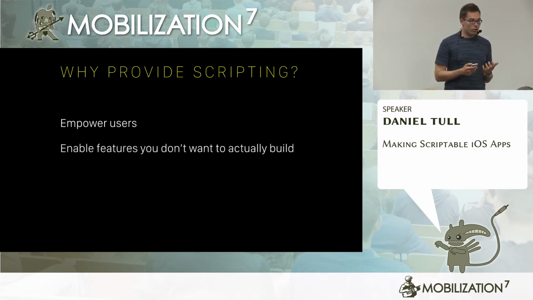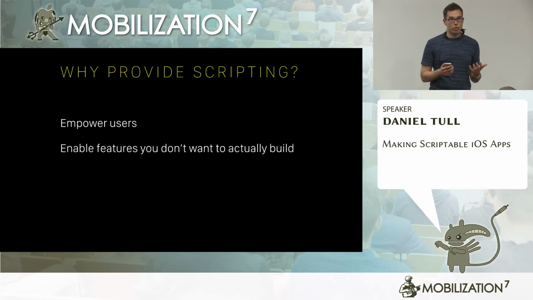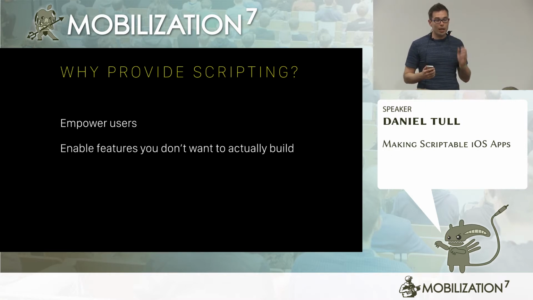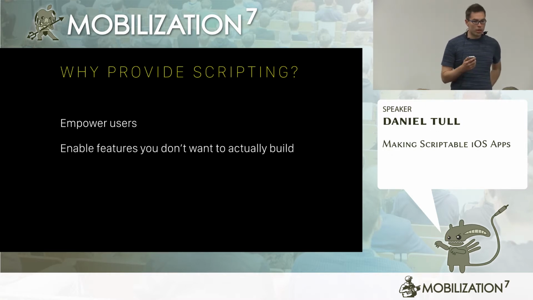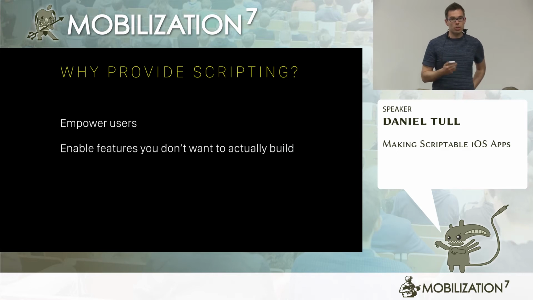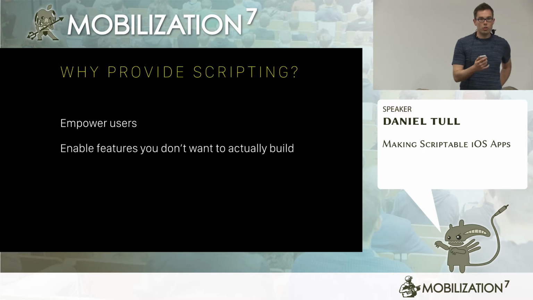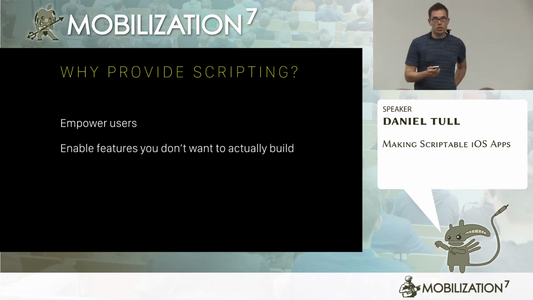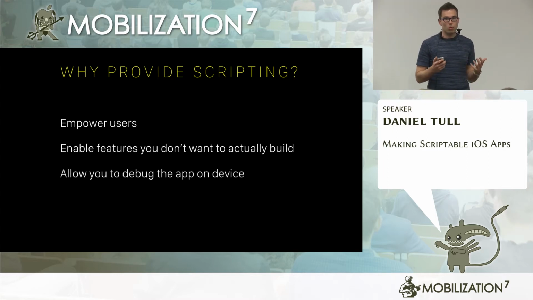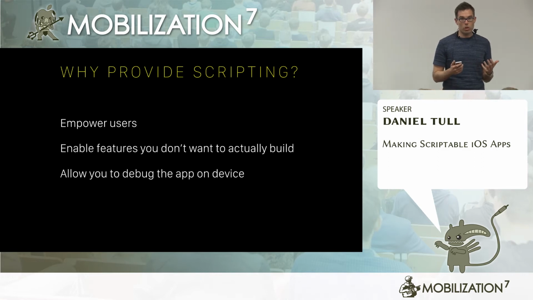And this is going to grow a community around your app. Fundamentally, I've seen a lot of apps that provide very decent scripting support, and they build this community and support it in such a way that the community then builds features that the community wants, that not necessarily the company wants to build themselves and support long term.